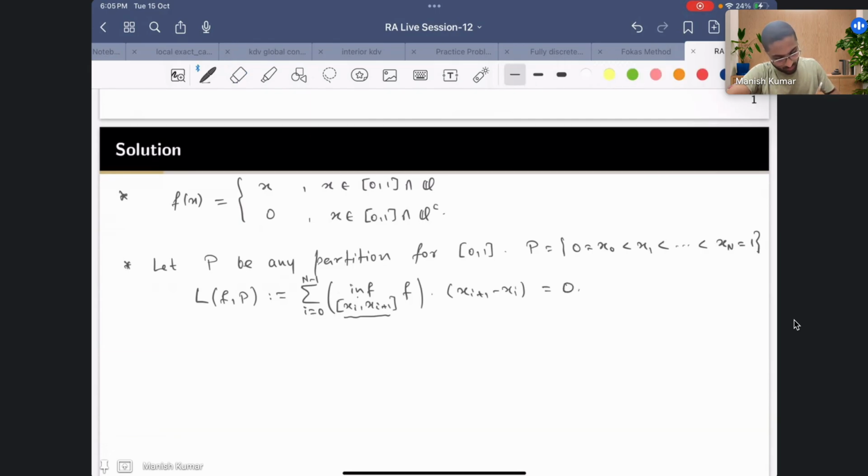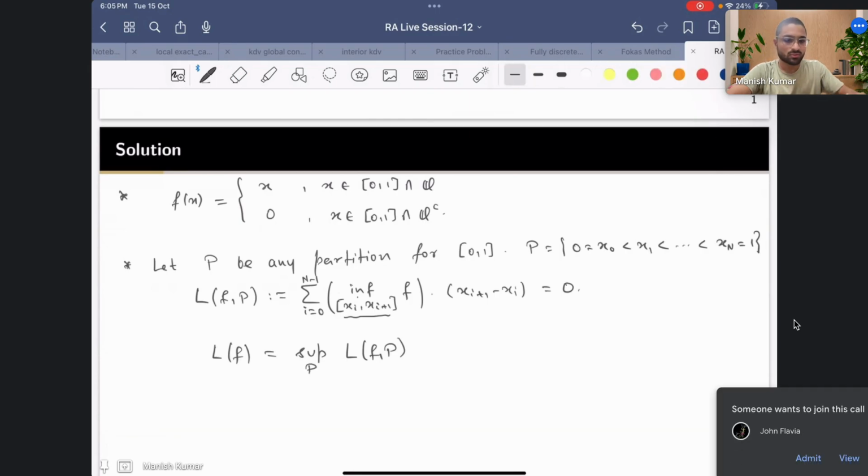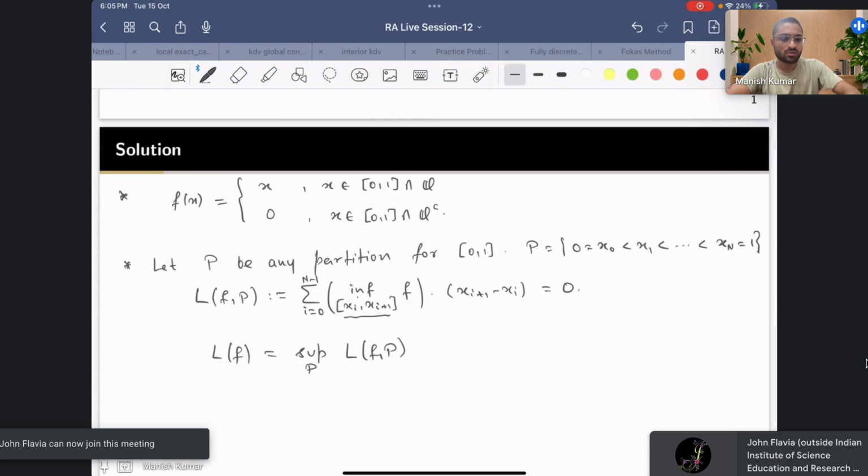Now if you calculate L(f), which is the supremum of such L(f,P), where P is any partition of the interval [0,1], we take the supremum, and that will again turn out to be 0.